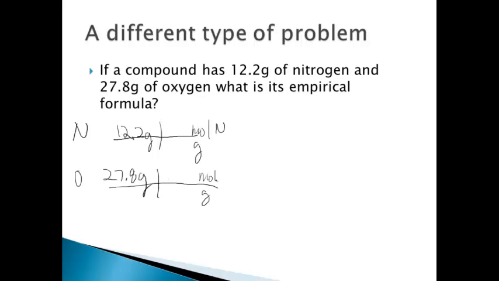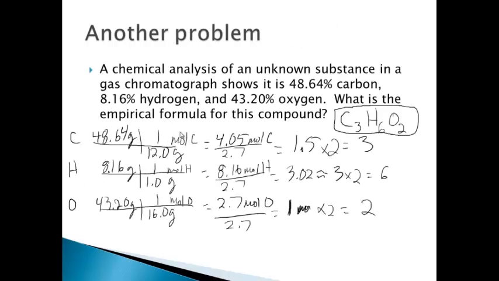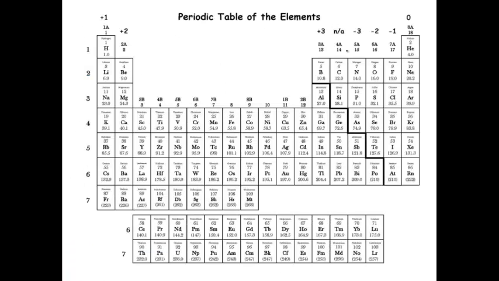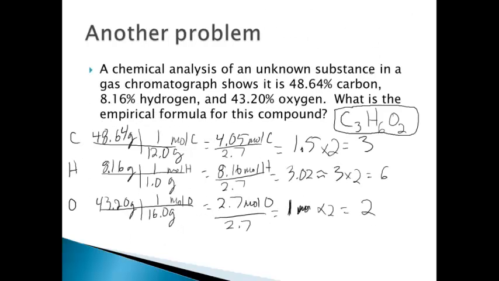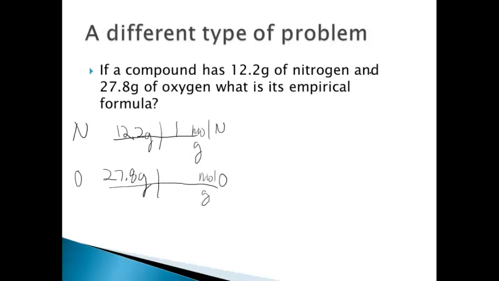So, I'm going to convert from grams to moles for each of these. For nitrogen, my mole is 1. My grams I find from the periodic table for nitrogen is 14. So I'm going to write down my 14.0 grams. For oxygen, it's 1. And if you go to your periodic table, you'll see that oxygen is 16.0 grams.